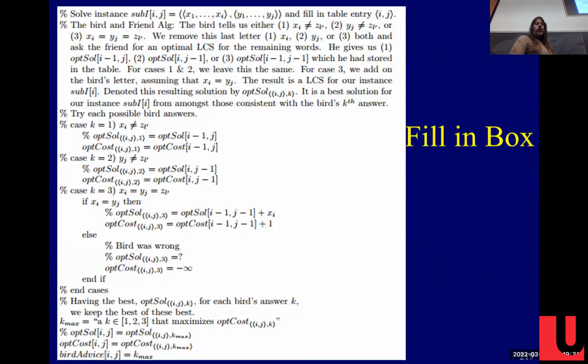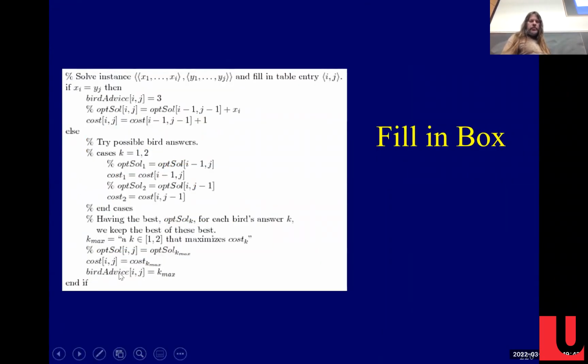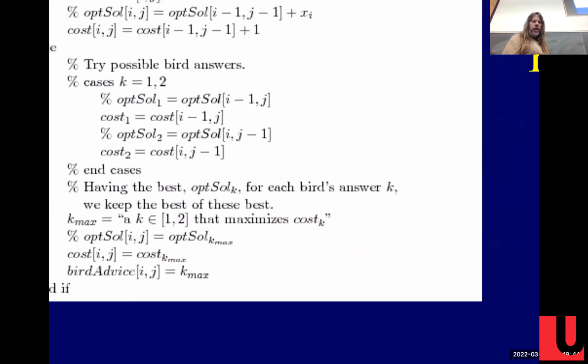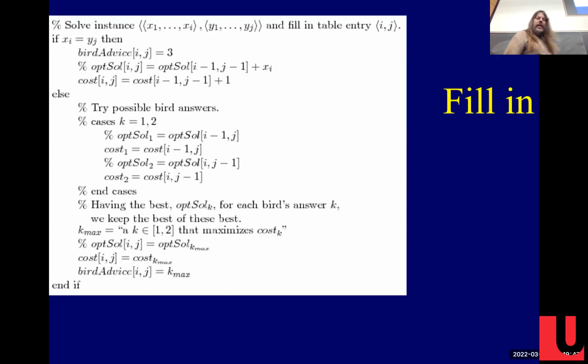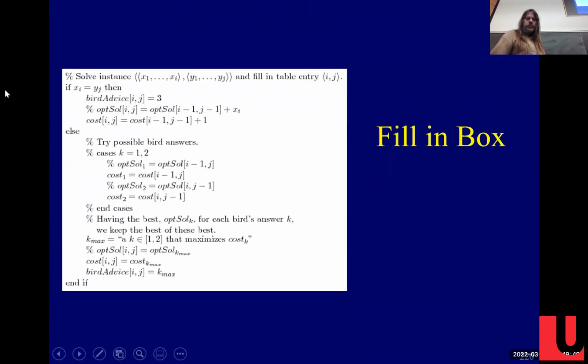And so when you look at the code, actually this code was, let's jump over to the next one. You can study that if you want, but here I'm saying, I'm personally trying to solve the problem where I have the first i of X and the first j of Y, and then I look at my last characters, and if they're the same, then I know that my bird answer is k equals 3.